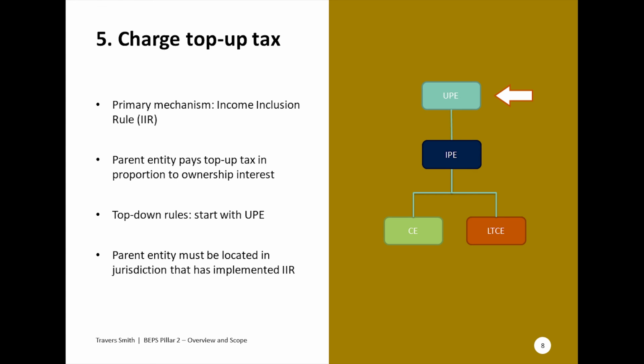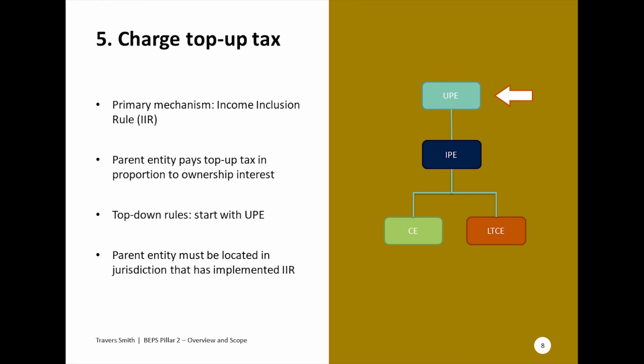So broadly, what you do is start with the ultimate parent entity, that's the entity at the top of the group, and work down the corporate chain until you find a parent entity in a jurisdiction that has implemented an income inclusion rule. There are special rules that we will tackle in a later session, which deal with the situation where there are minority interests in the low-tax constituent entity.